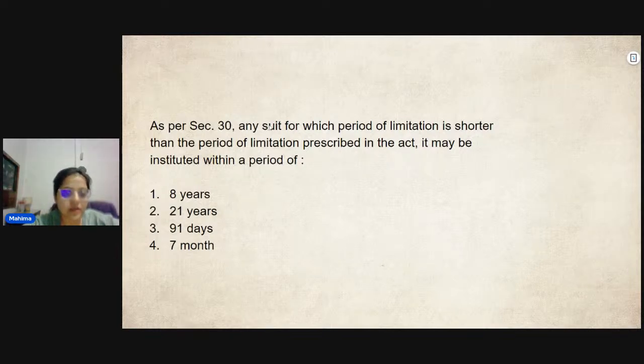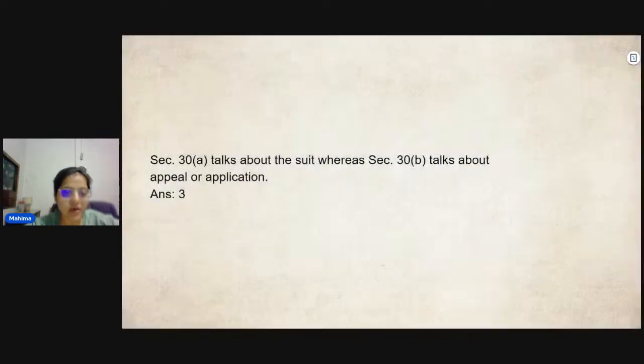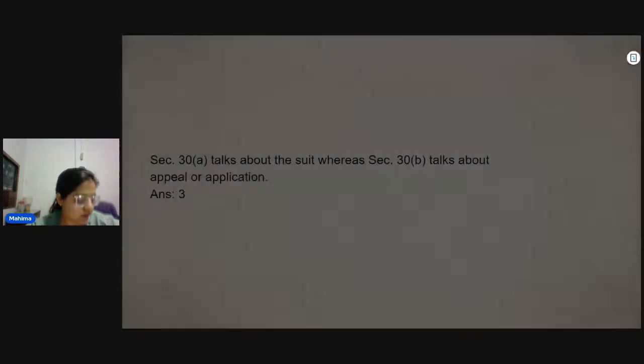This is the appeal or application. This is not a suit, but for any appeal or application for which the period of limitation is shorter than the period prescribed in the Act, it may be instituted within a period of 91 days, which is 3 months. In the case of appeal and application, it is 91 days.